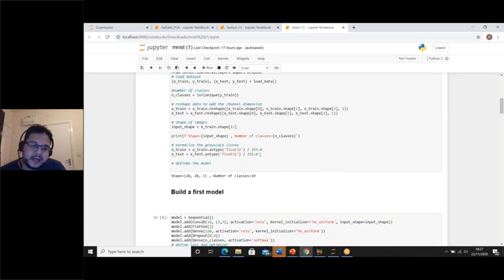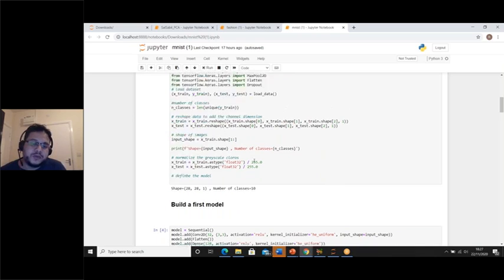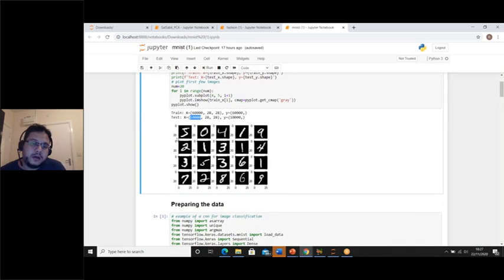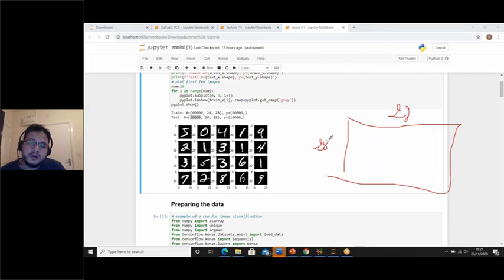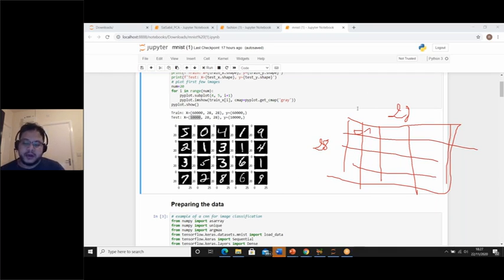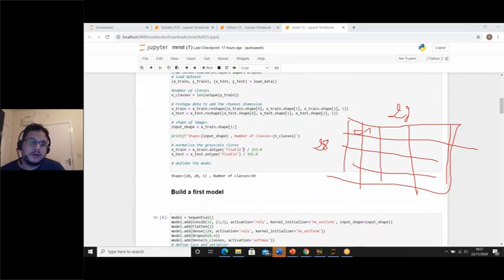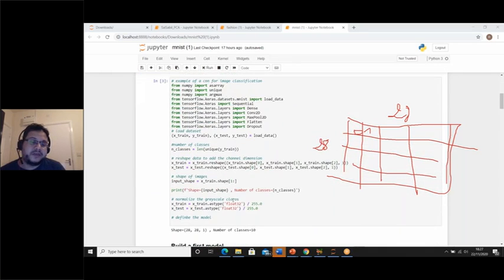We normalize by dividing by 255 to get values between 0 and 1. So we get a matrix of the size 28 by 28, like this. Each image is 28 by 28.